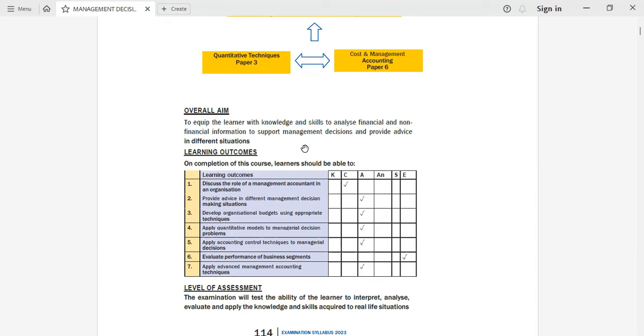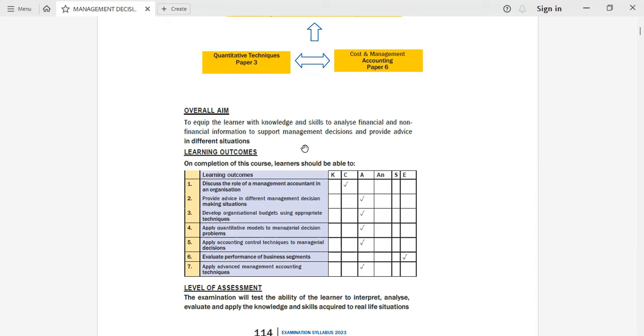By the time you set the paper, you also put the marking guide. It may be adjusted accordingly if there are errors. If they are not there, then we just release the exams to the students.